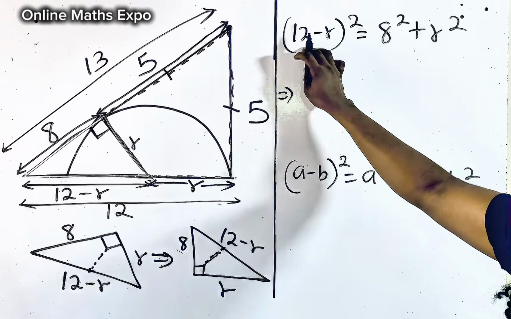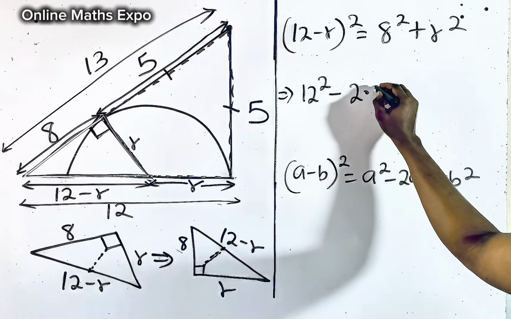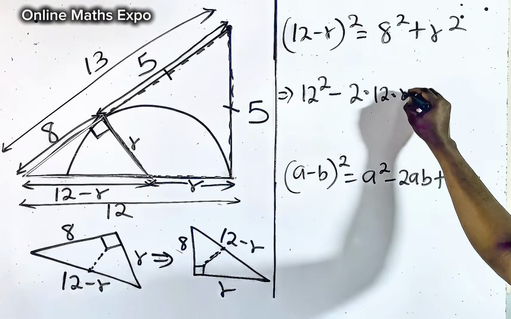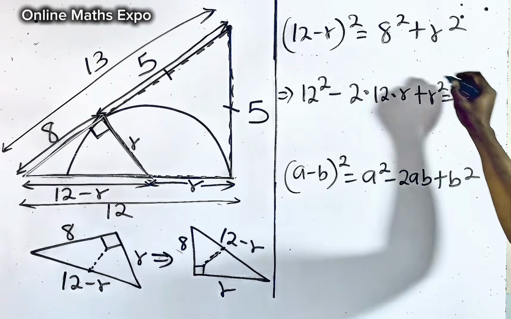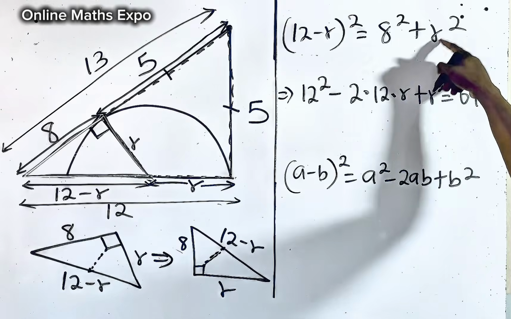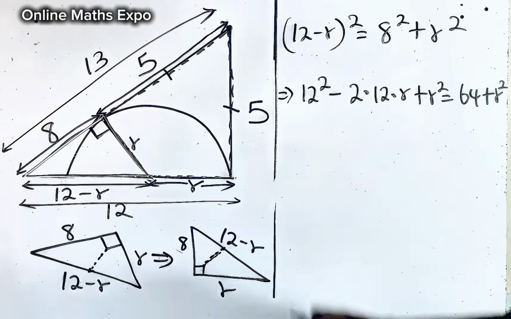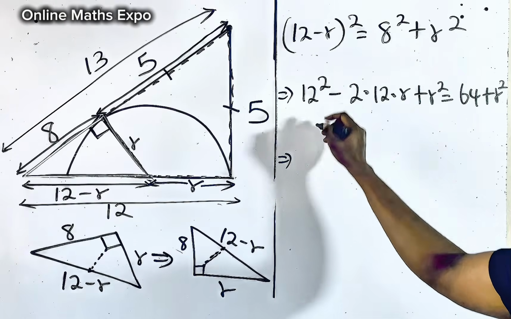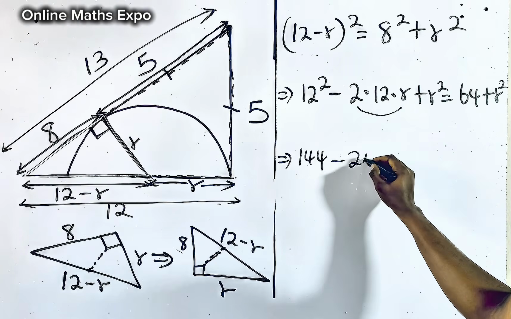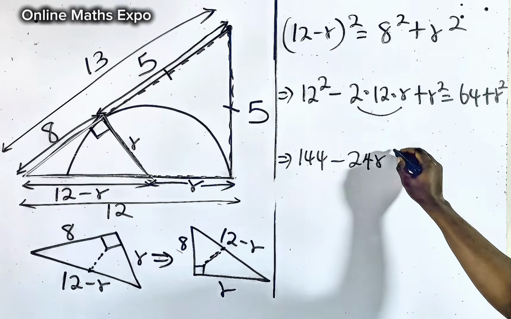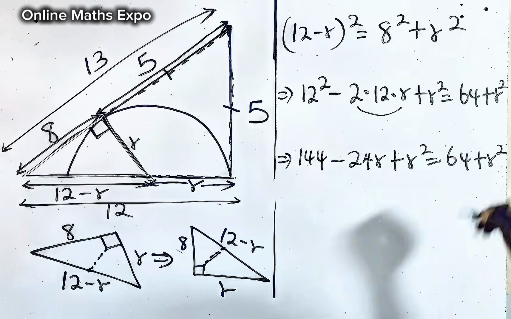Applying it here, you have 12 squared minus 2 times 12 times r plus r squared is equal to 64 plus r squared. Keep solving. 12 squared gives us 144. Multiply this, you have negative 24r plus r squared is equal to 64 plus r squared.